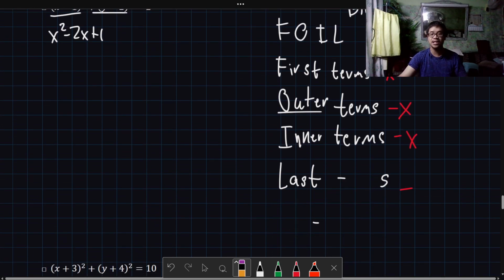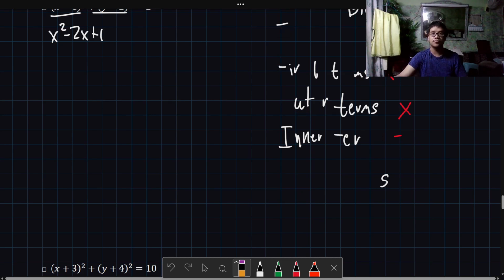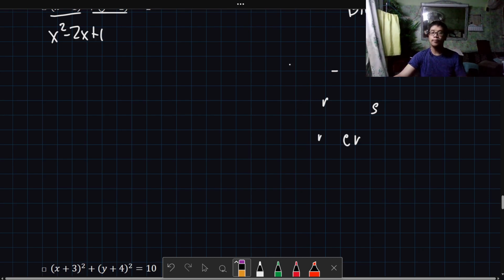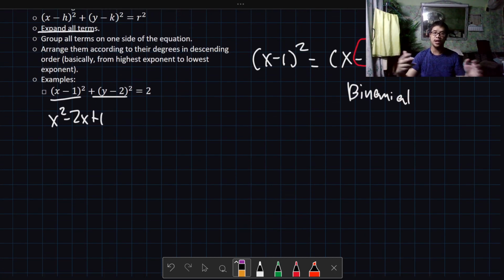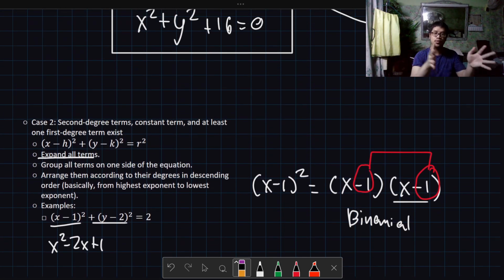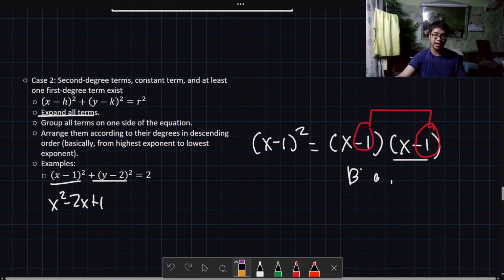You can just pass backward if you want to know the steps of applying the FOIL method. FOIL method is useful if you're going to multiply two binomials, just like in this case, x minus 1, x minus 1. You can use the FOIL method. But there's another way.